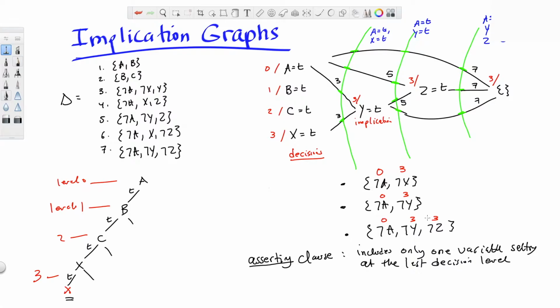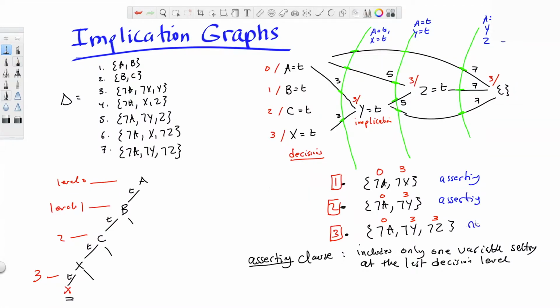Given that definition, let's call these clauses 1, 2, and 3. These are the numbers of these clauses. We'll find that in this particular case, this one is asserting because it only has one guy at level 3. This one is also asserting.